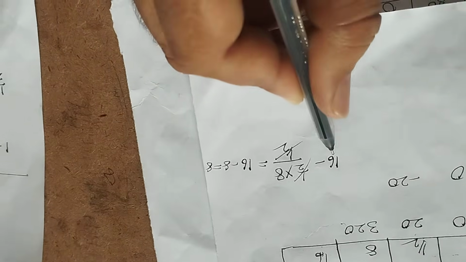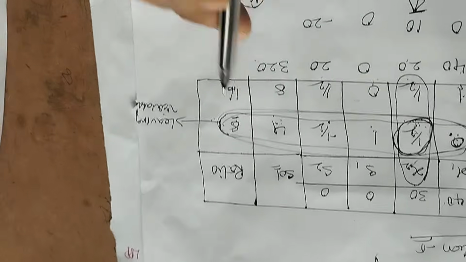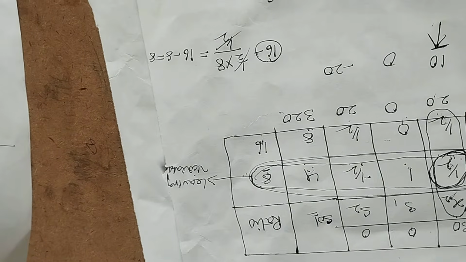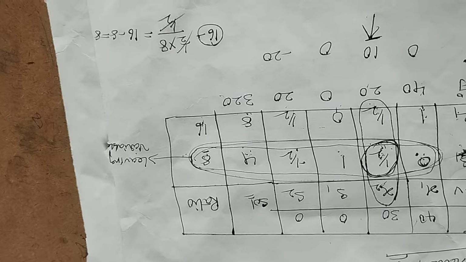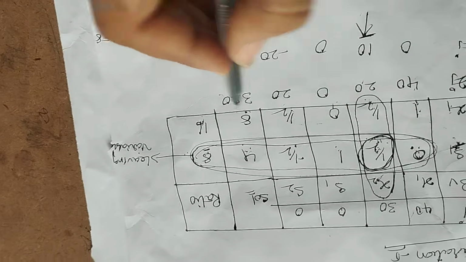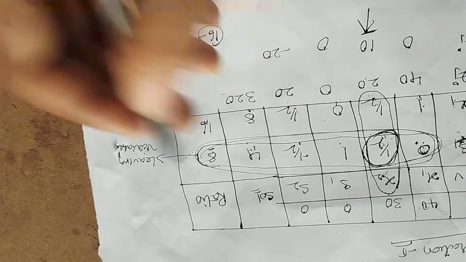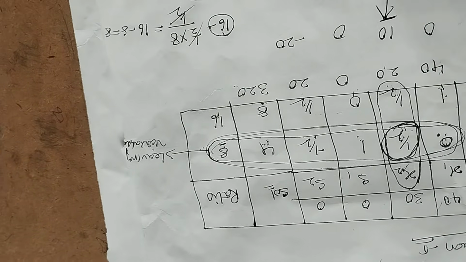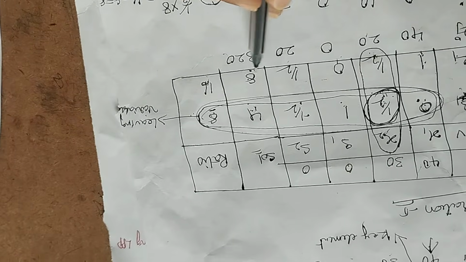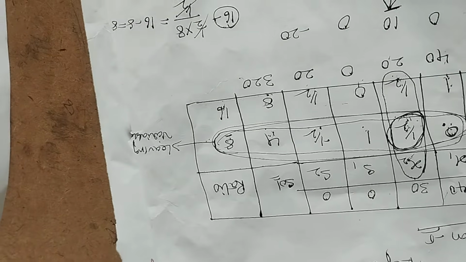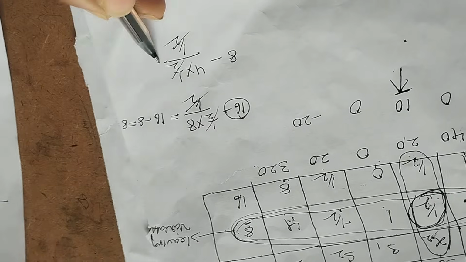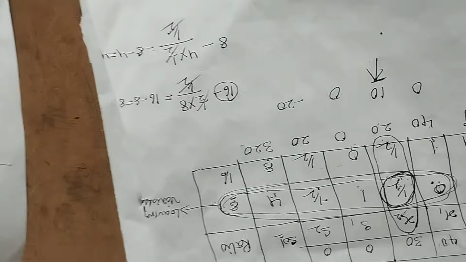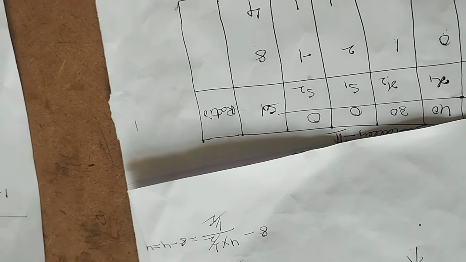Sorry, we have considered the 16, that is not the solution table, it is the ratio table. What is the old value here? It is 8. 8 minus the corresponding key row value 4 into the corresponding key column value 1 by 2, divided by the key element 1 by 2. The 1 by 2 cancels. 8 minus 4 is equal to 4. So instead of 8, what should be written here? 4.